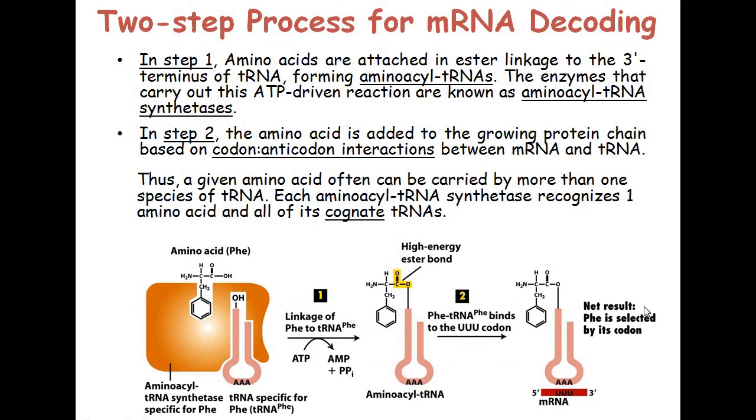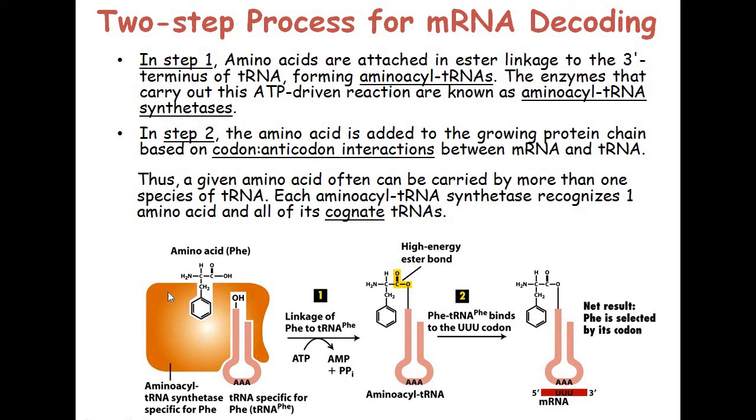Now, there is a two-step process for mRNA decoding. In step number 1, the amino acids are attached in an ester linkage to the 3' terminus of the tRNA, forming aminoacyl tRNAs. The enzymes that carry out this ATP driven reaction are known as aminoacyl tRNA synthetases.